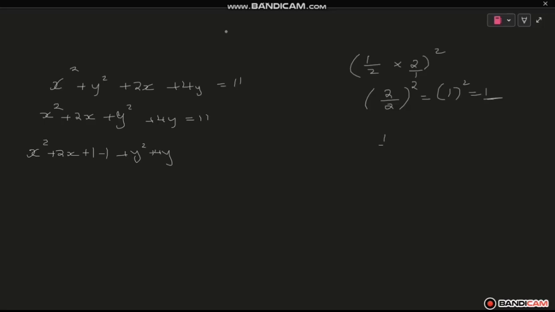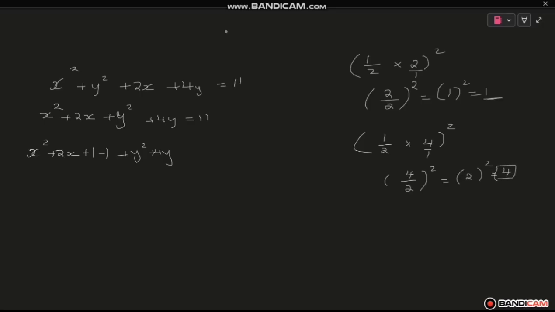Then we say half times the coefficient of y, which is 4, exponent 2. Then we divide by 1 so that we can deal with fractions both sides. 4 over 2 squared, then inside the bracket we have 2 to the power 2, which is 4.